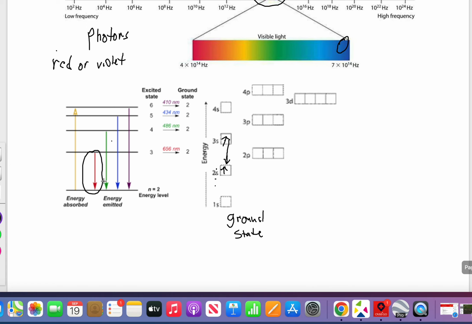All right. So that's where it comes from. Basically, where does this light come from? It's when an electron falls from a higher energy level to a lower energy level. So when it's falling down, it's said to emit a photon.